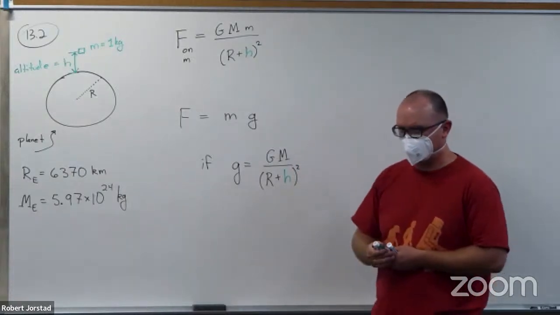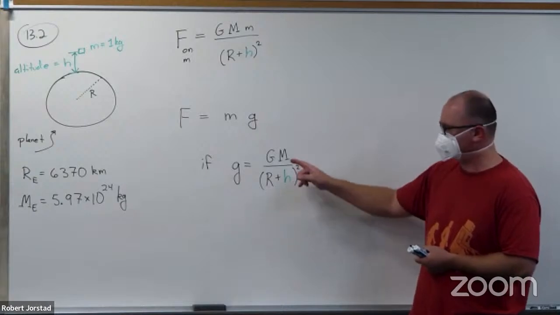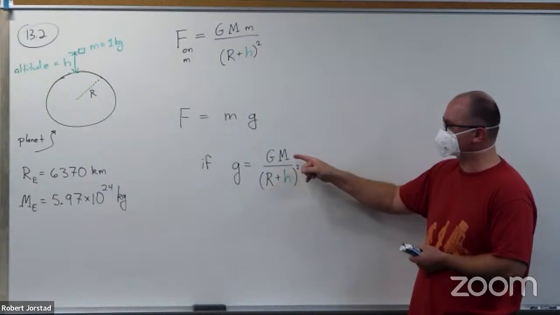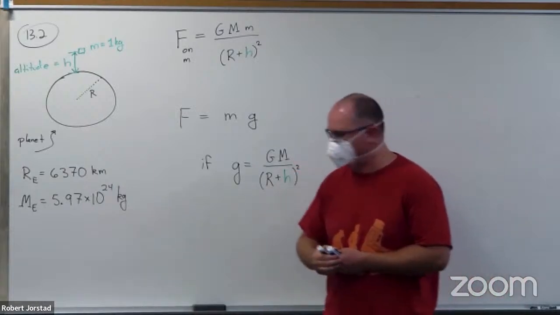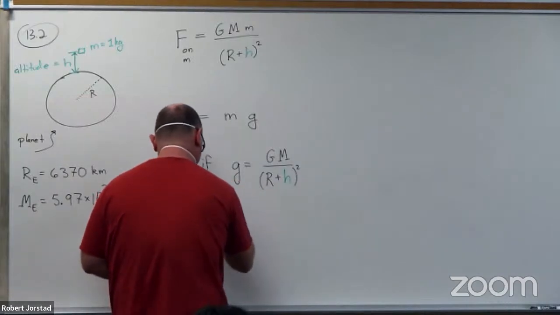Can you guys do me a favor and punch in these numbers if we assume the altitude is 0? Just punch in G, capital M here, which is the mass of the Earth, over the radius of the Earth squared. Just with h equals 0, what do we get?